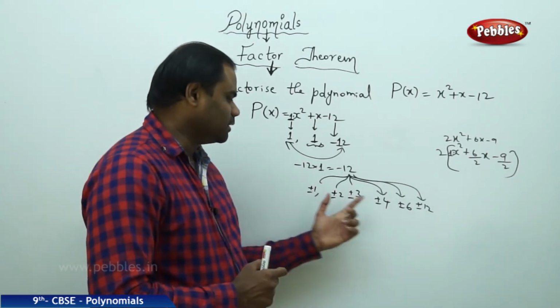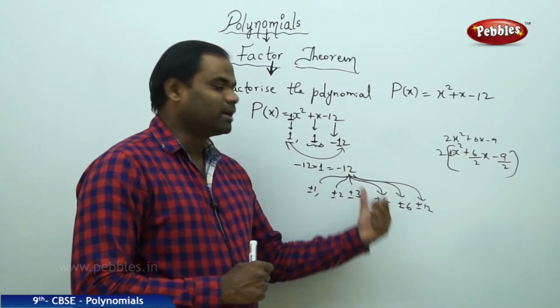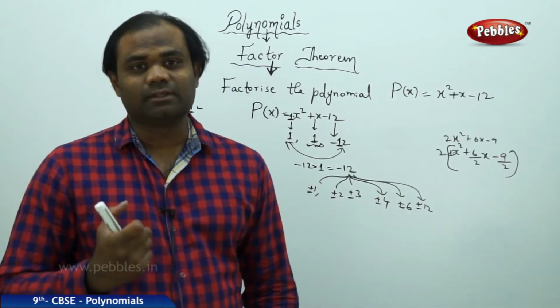So I have possibly 6 different factors for minus 12. That is how I identify the factors.